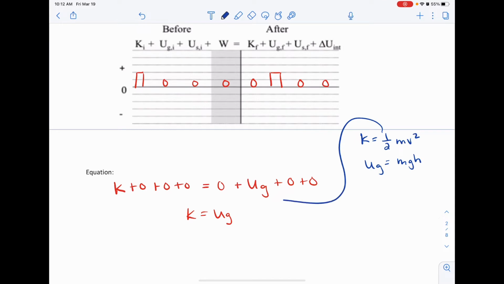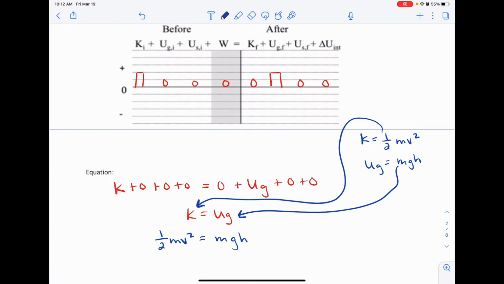So I'm going to plug those mini equations into the equation we just made. Now I have 1/2 mass times velocity squared equals mass times g times the height. All I did was first figure out that bar chart and what type of energy we had before and after to make that equation, and then I plugged in my mini equations.